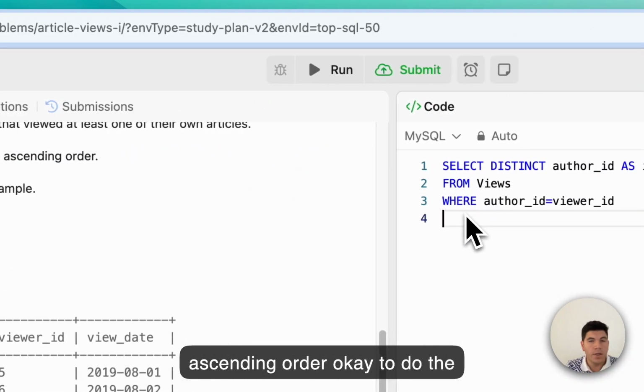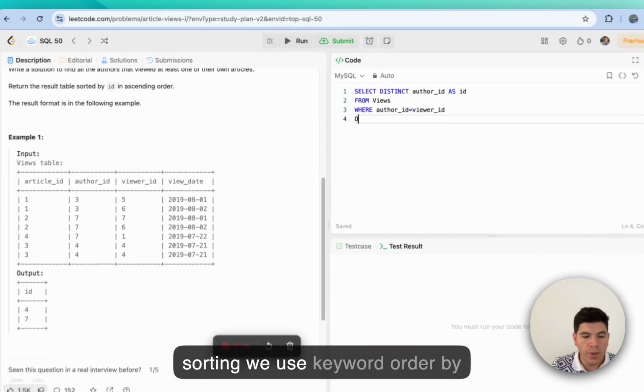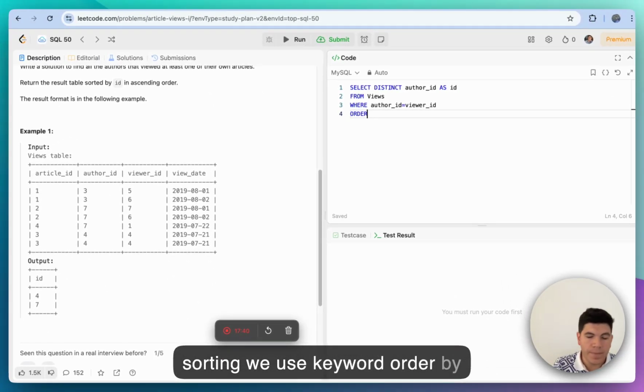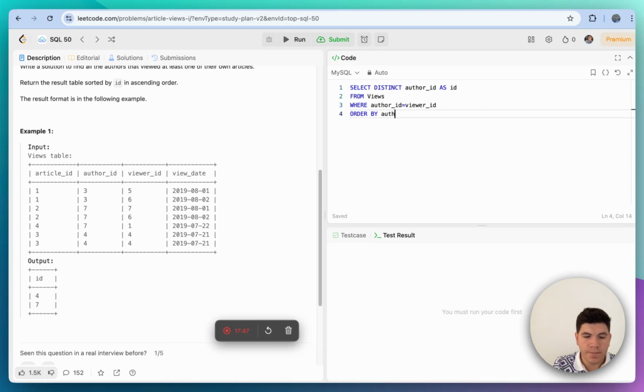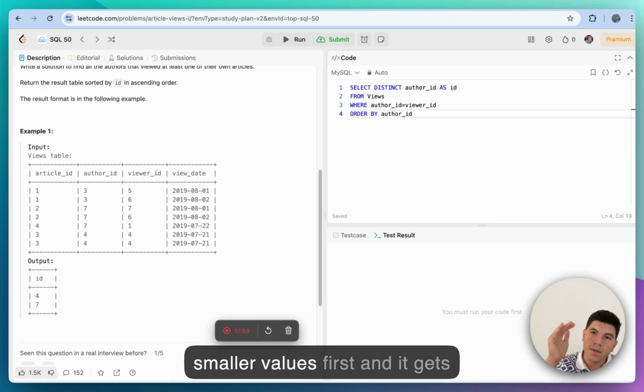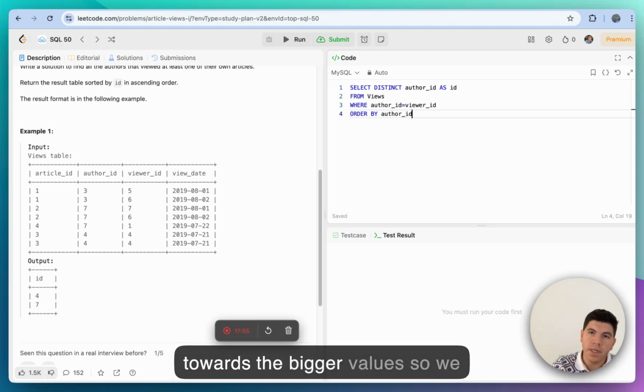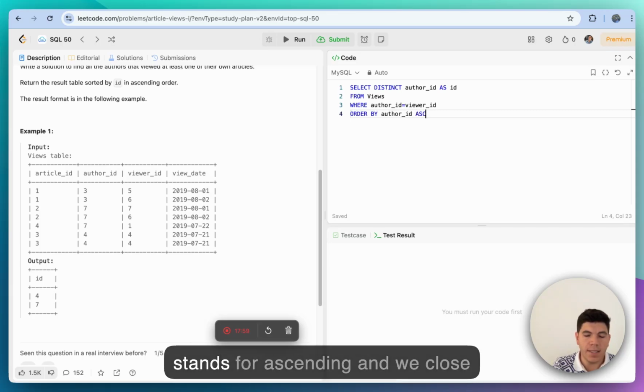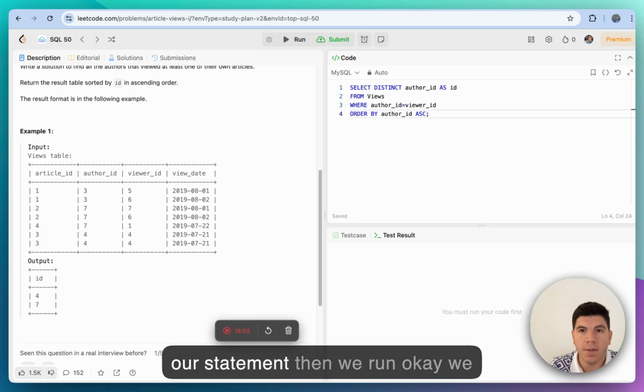To do the sorting we use the keyword order by, so we order it by the author ID. Ascending means we have the smaller values first and it goes towards the bigger values, so we use the keyword ASC, which stands for ascending, and we close our statement.